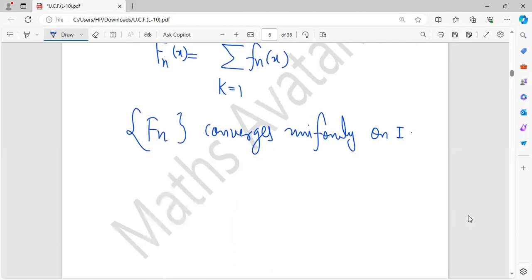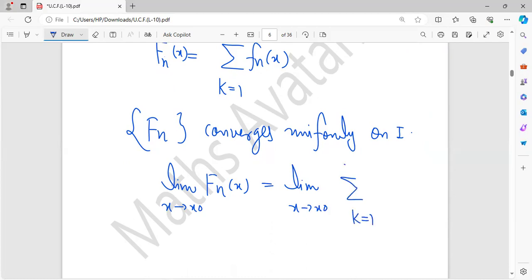And what about this? The limit as x tends to x naught of Fn(x) is the limit as x tends to x naught of summation k goes from 1 to n of fk(x). What is this?